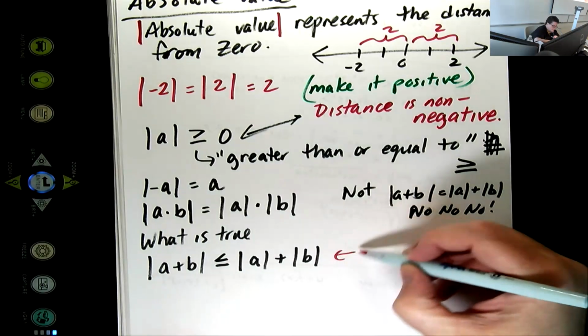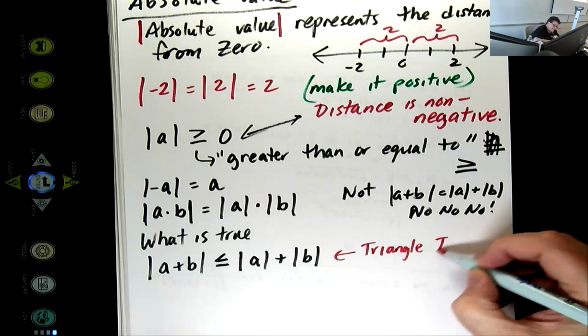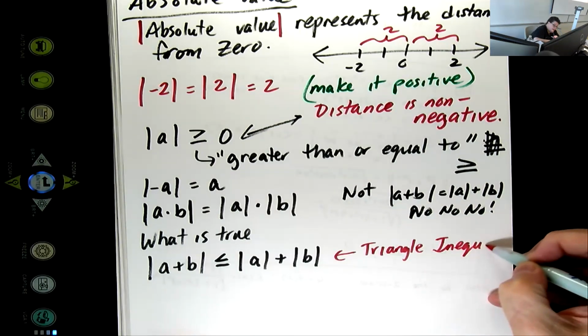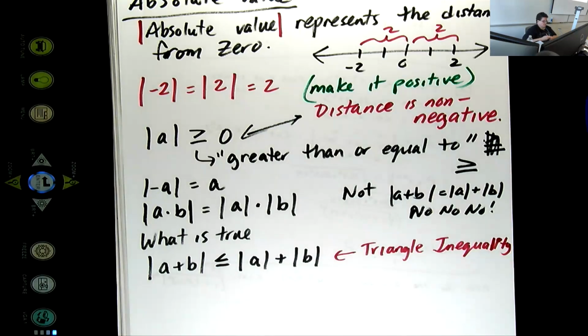It's called the triangle inequality. Maybe you'll see it in trigonometry where we do triangles and stuff.